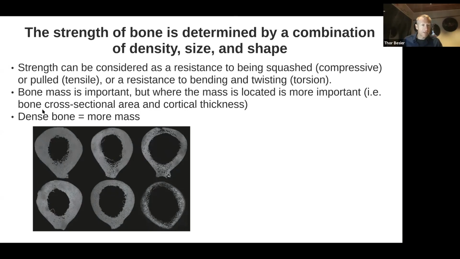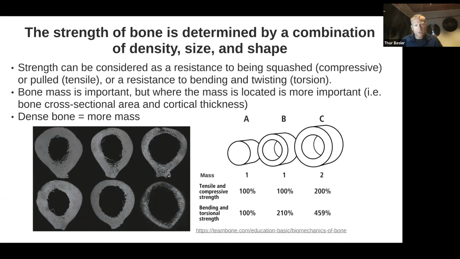And then when we're thinking about dense bone, we're thinking there's more mass. So clearly on this side here, we've got a bone that has more mass than this osteoporotic bone, which has lots of holes in it. And so this diagram nicely represents the size and shape bone has.